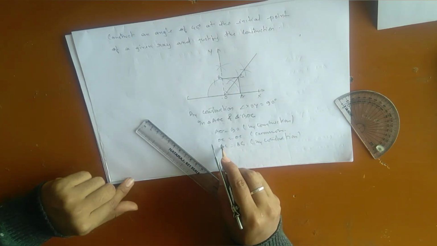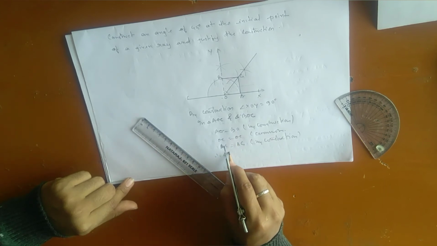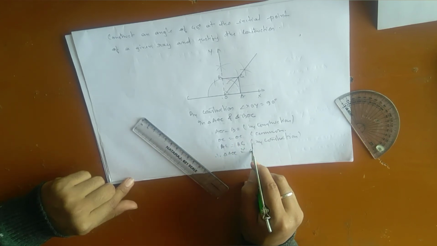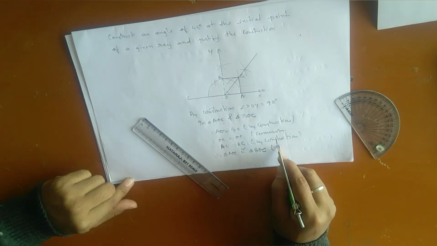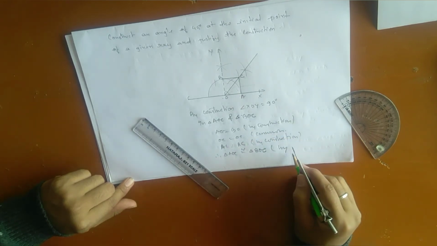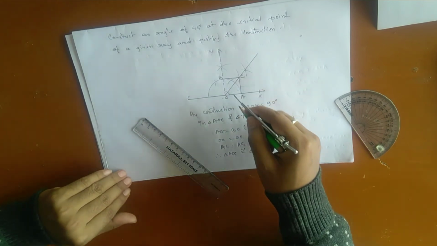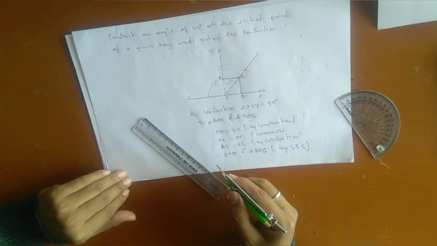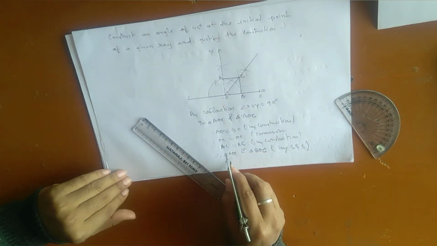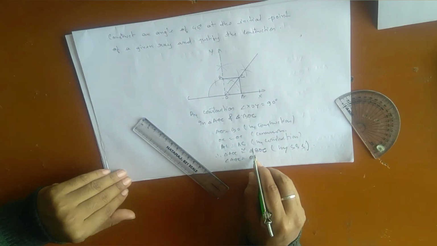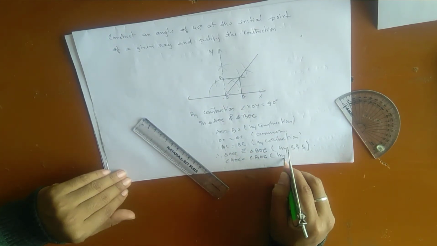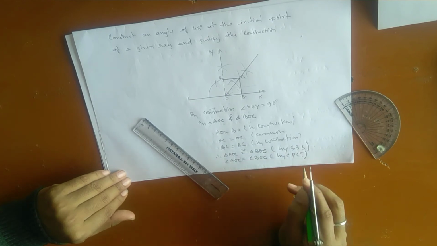Therefore triangle AOC is congruent to triangle BOC by which rule? SSS congruency rule. So if these two triangles are congruent, then angle AOC equals angle BOC by CPCT, corresponding parts of congruent triangles.